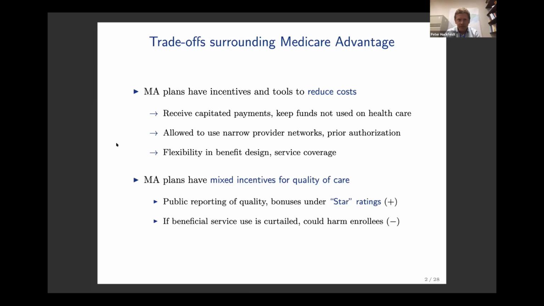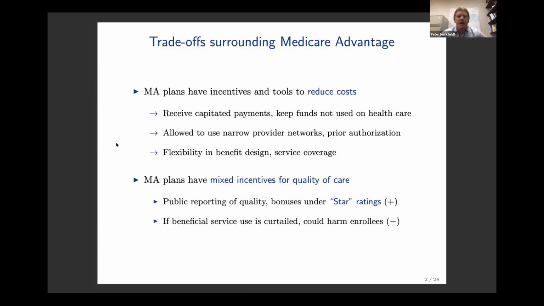Medicare Advantage plans receive a monthly capitated payment, and they are essentially keeping the funds that are not used on patient care. So this creates a strong incentive for them to avoid unnecessary healthcare use and manage the care of their enrollees.